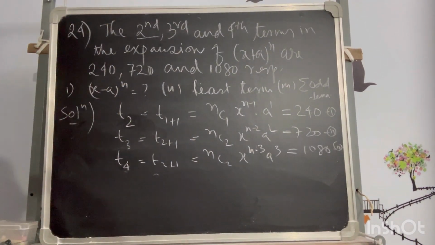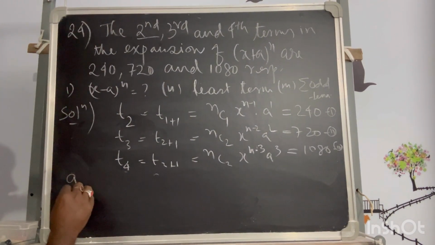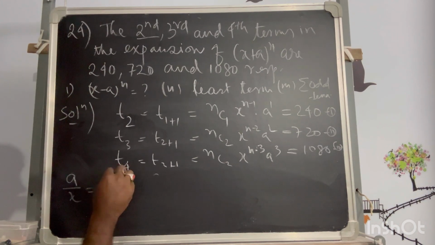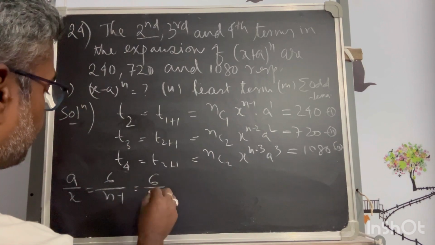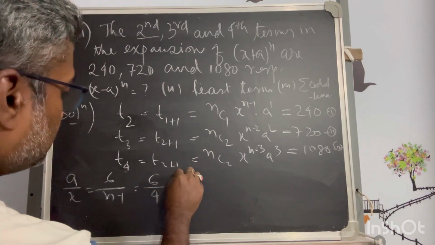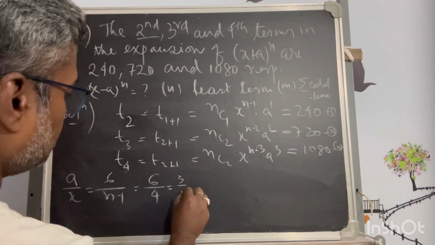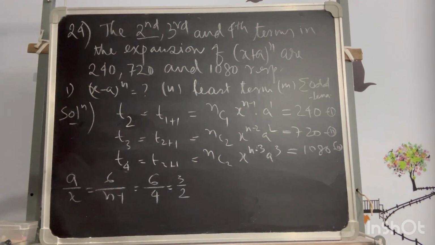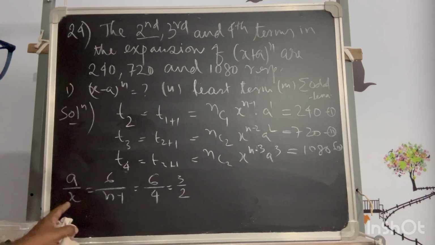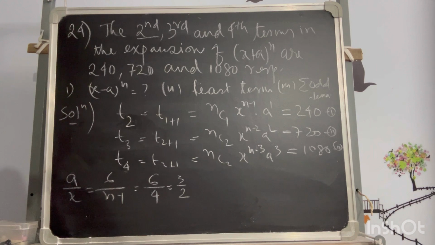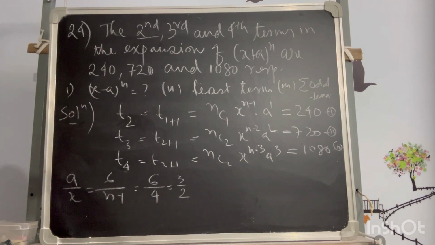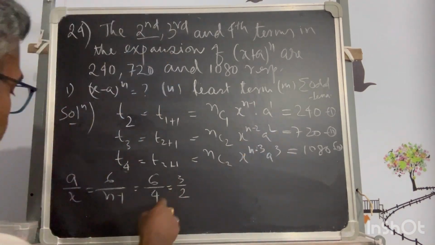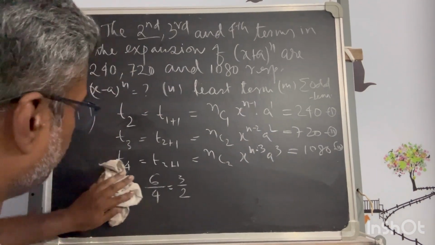So if n is equal to 5, you have got a by x is equal to 6 by n minus 1. So this is 5 minus 1, this is equal to 4, 3 by 2. Okay, so you have to find the value of this, or you need not find this.